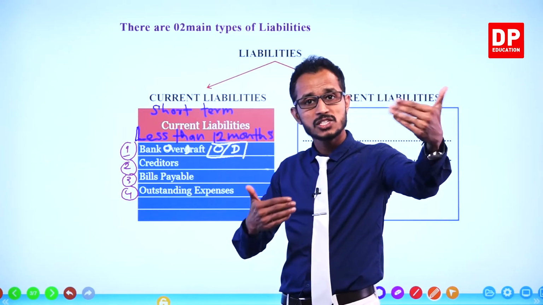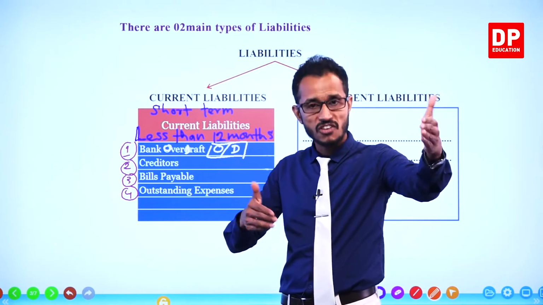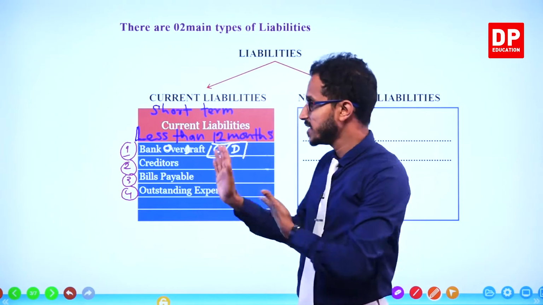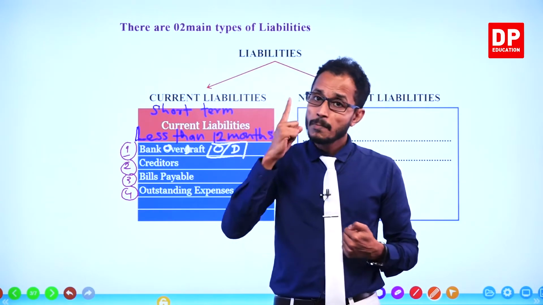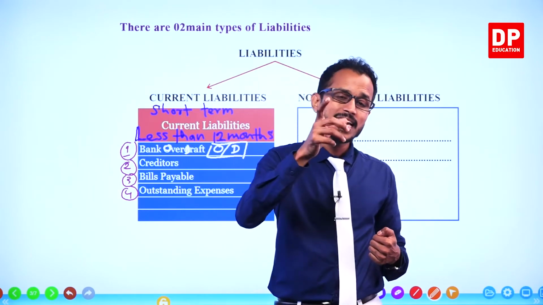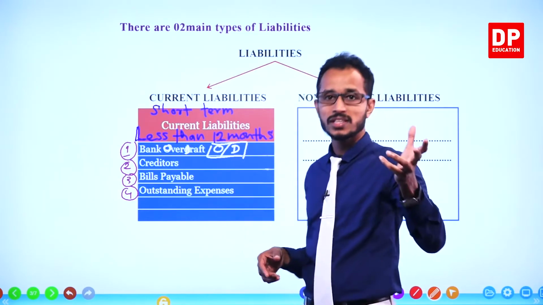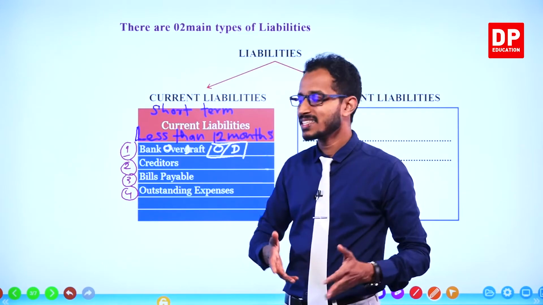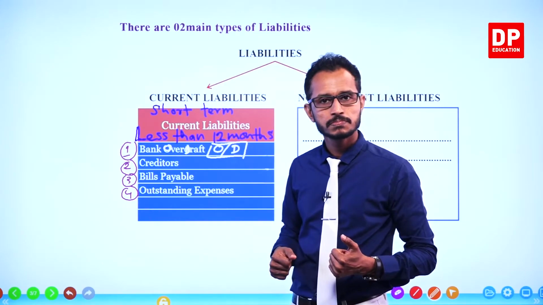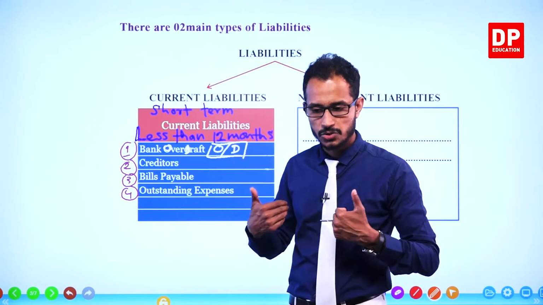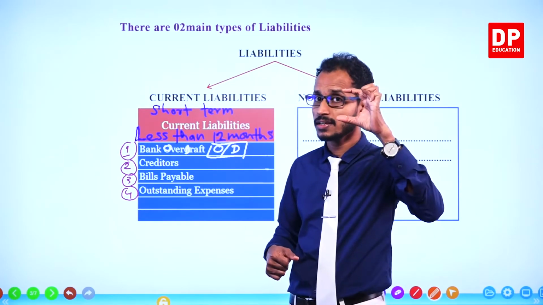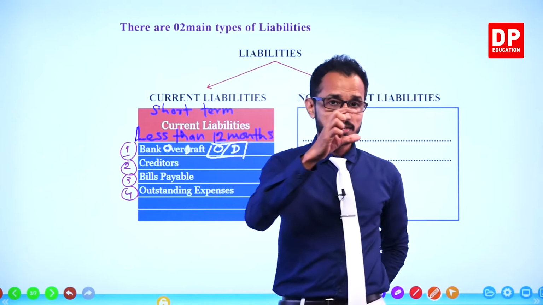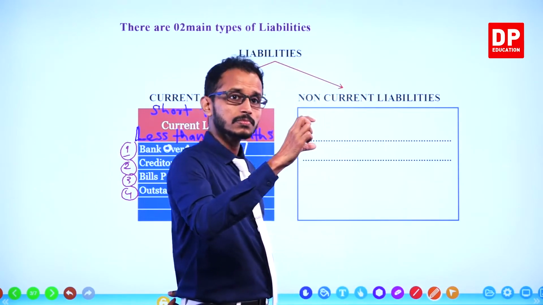Banks provide these facilities, overdraft facilities or ODs, to businessmen. But in order to take an OD, in order to enjoy this facility, the businessman must have a bank account. I should have a current account.